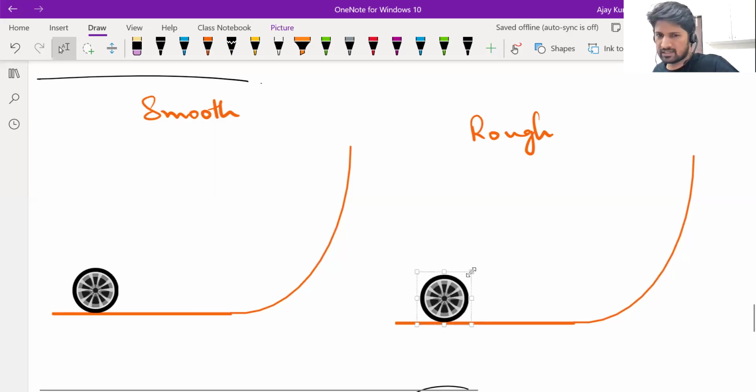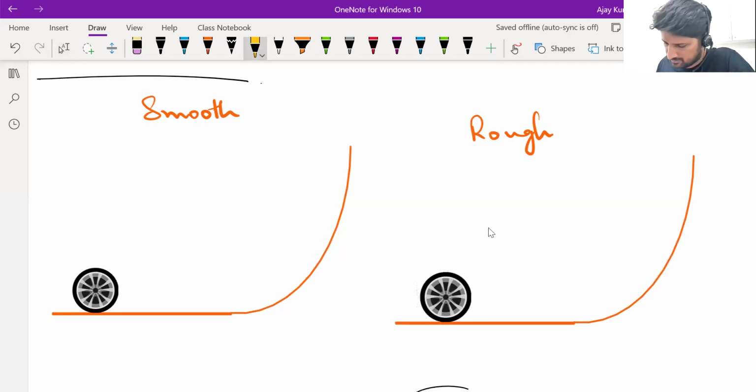Okay, identical wheels. So for both of them, V is already equal to R omega. And the sense of rotation is also appropriate. They are both in pure rolling.